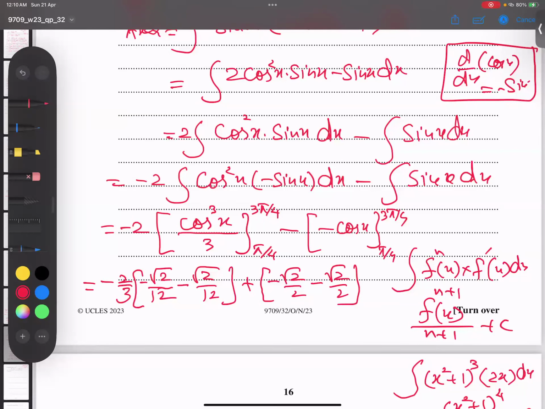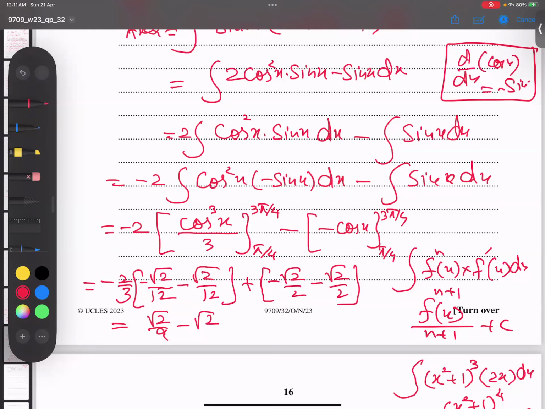Now student, let's complete it. So root 2 divided by 12, into 2, divided by 3, I got here root 2 by 9. Anyway, I'll check. What is the other one? Root 2 divided by 2. So multiply by 2, I got root 2.